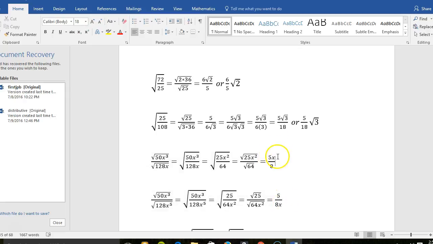And another thing I'd like to point out, you can think of this as 5/8 x. This one, you can't do that. What you could do is, well, really, you're better off just leaving it like this. What's going on is this can be thought of as 5/8 times 1 over x.